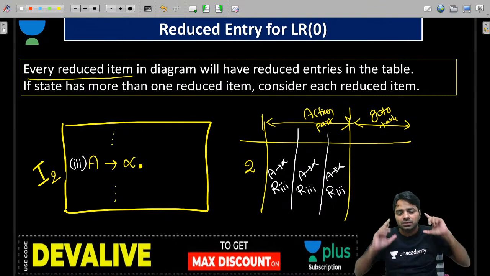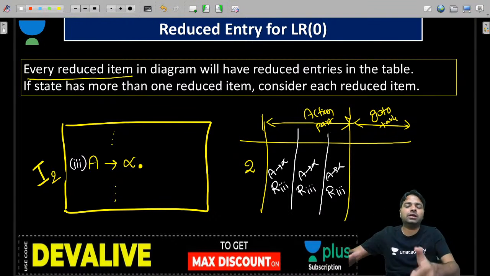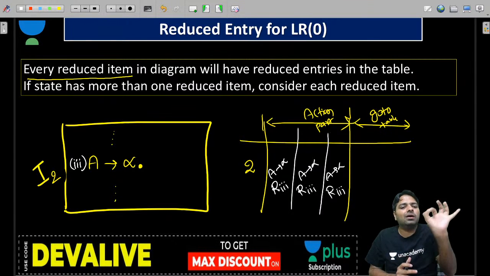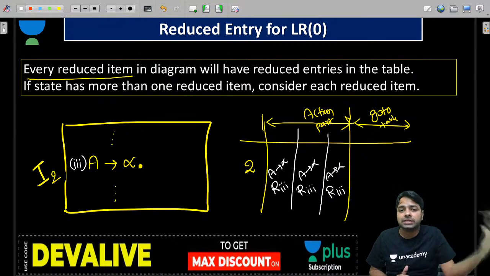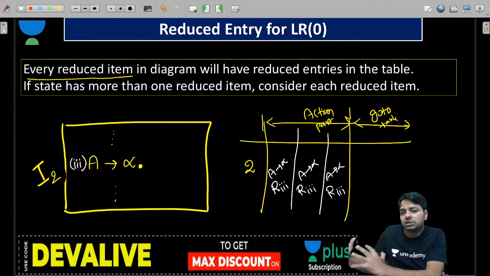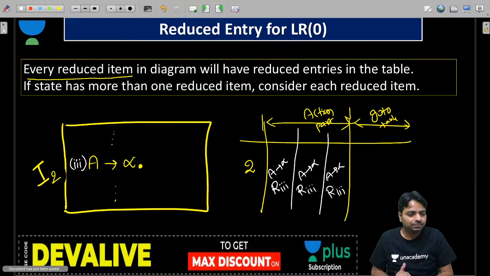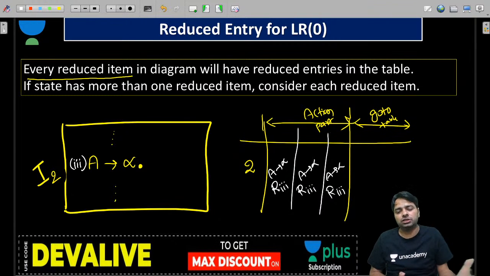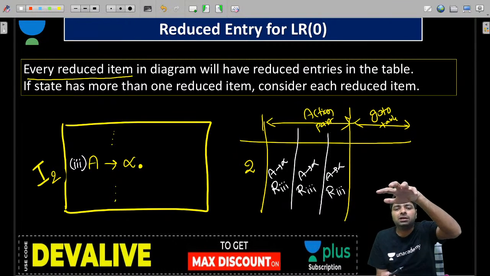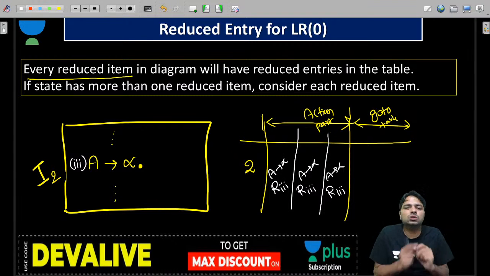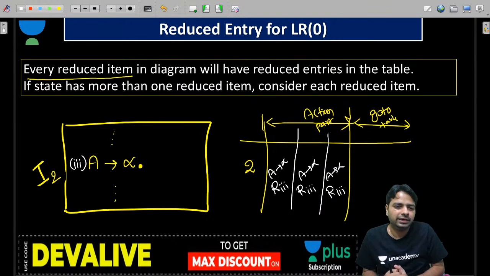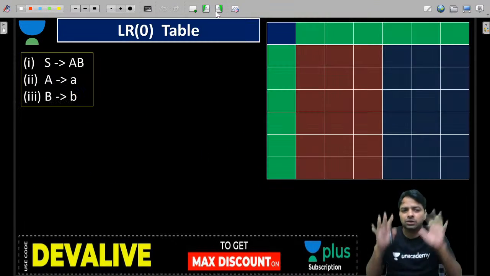Either you give the production or you give the number of the production. But the number of the state is different from the number of the production, so keep clarity. Yes, numbering of the production. Either you write the whole production, but the whole production takes space, so you can write simply R3. That's a good idea.